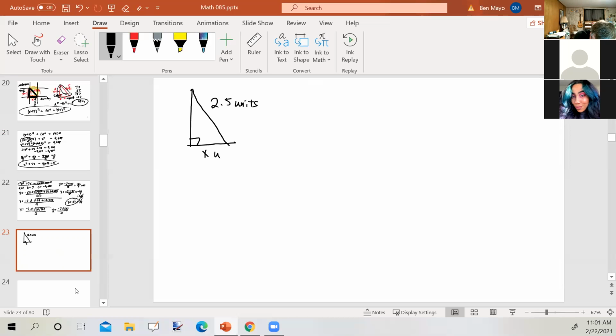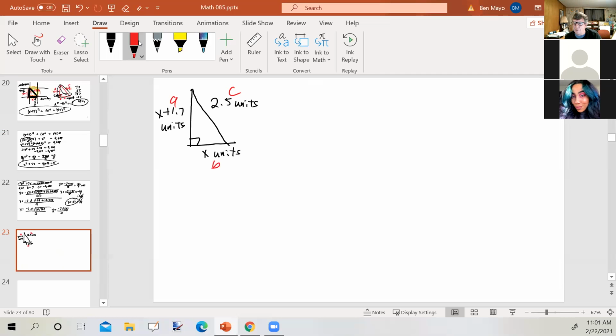So if we call this x units, this is going to be x + 1.7 units, okay? The hypotenuse is 2.5 units. The longer leg is 1.7 units longer than the shorter leg, okay? Find the lengths of the legs of the triangle. So this is C. A and B are the two legs.